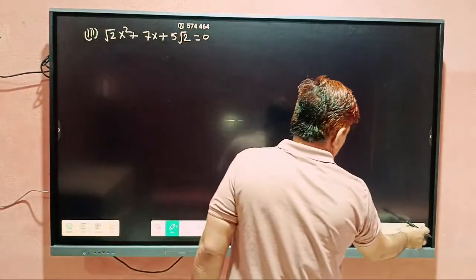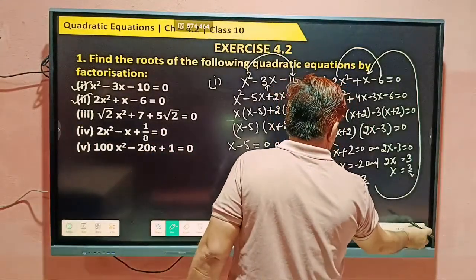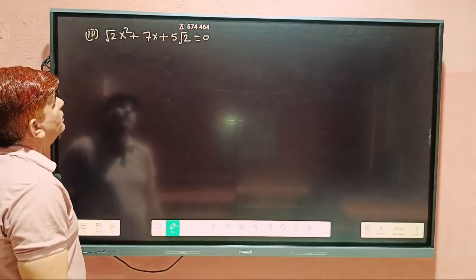This is your third part. Check one time whether we are right or not. So we are right, if you can check. So find out its roots, what we need.